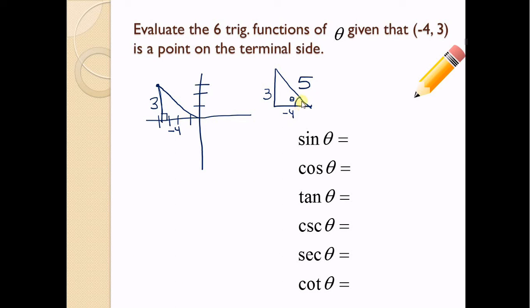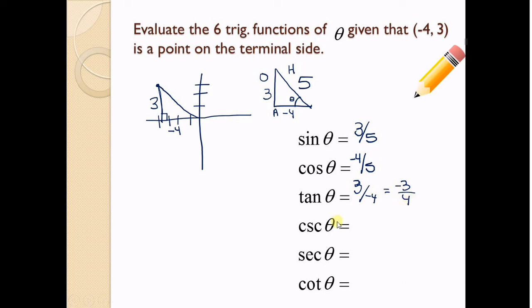Now, hard part's over. We just need to evaluate some trig. So sine, remember, that's opposite over hypotenuse. My opposite is 3, hypotenuse, and then there's my adjacent. So opposite over hypotenuse is 3 over 5. Cosine would be negative 4 over 5. Tangent, opposite over adjacent, 3 over negative 4. Now I can make that negative 3 over 4.